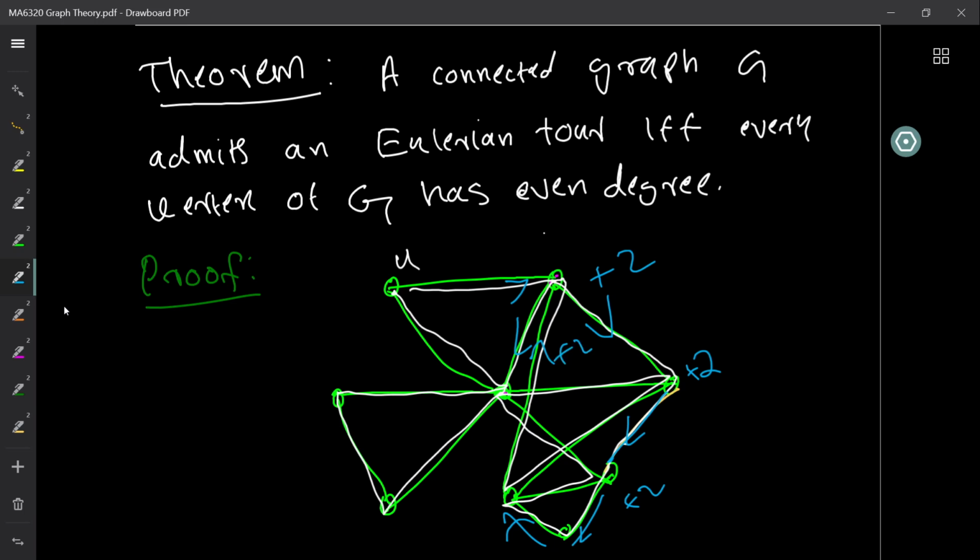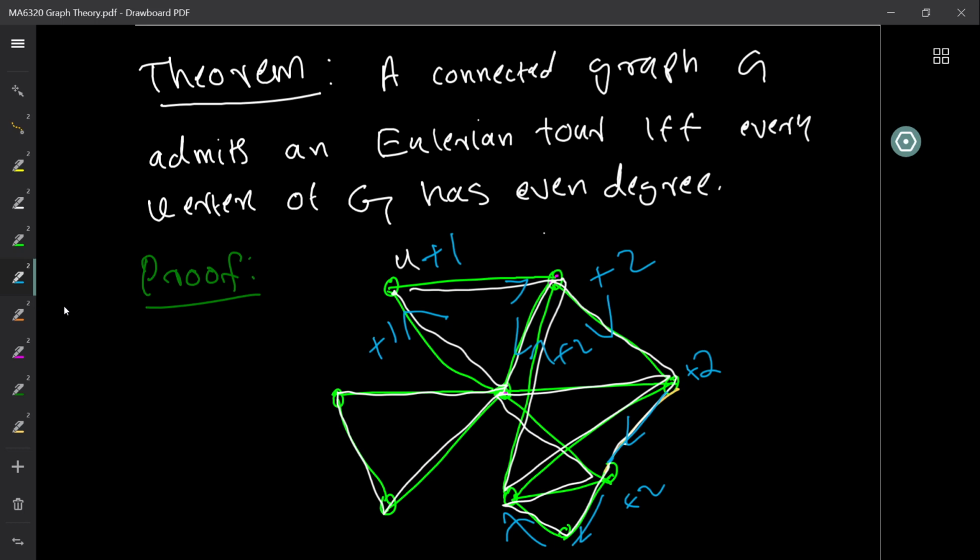Now, this is true for every internal vertex except for the starting vertex. When we started, it had added only +1. But eventually it has to come back to the starting vertex because we are looking at a closed tour. So when it comes back to the vertex for the final time, it also contributes +1 to the degree.